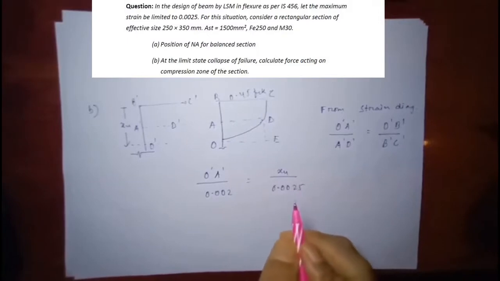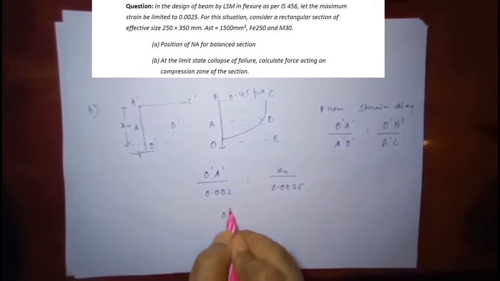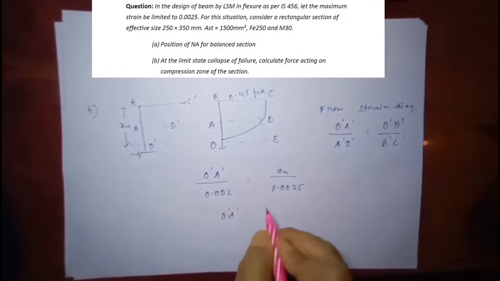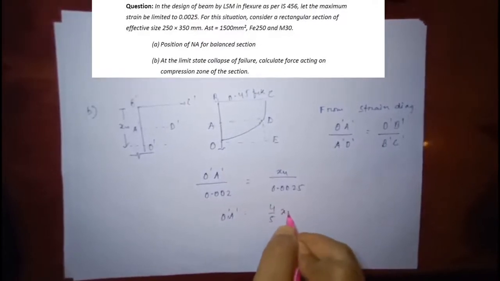By this I will get O prime A prime equal to 4/5 of xu.